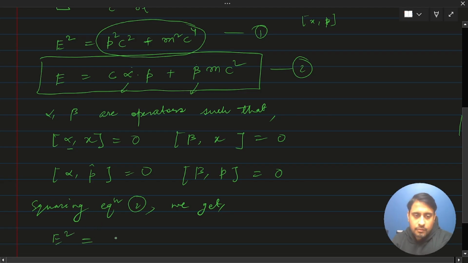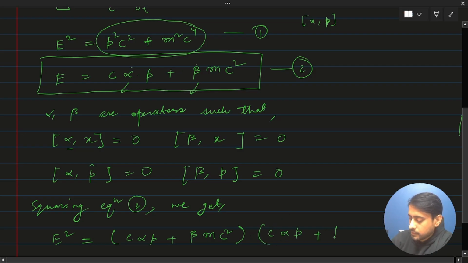So E squared will be given by the product of the entities in the right hand side: (c alpha·p + beta mc²) into the same thing, (c alpha·p + beta mc²).